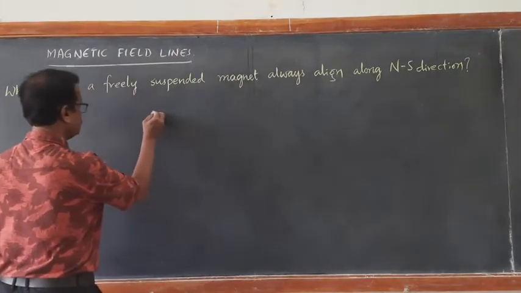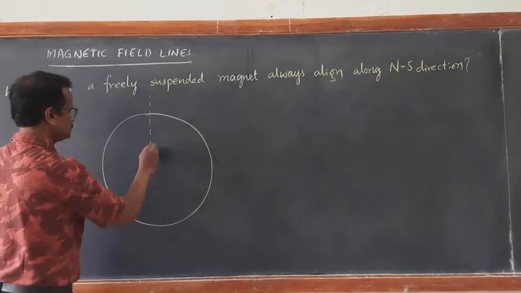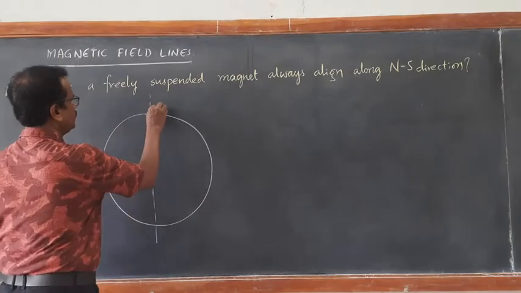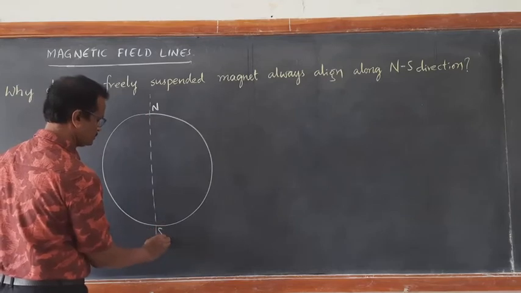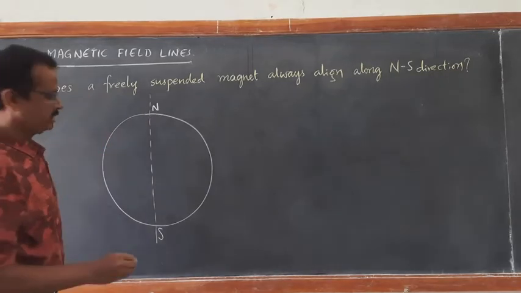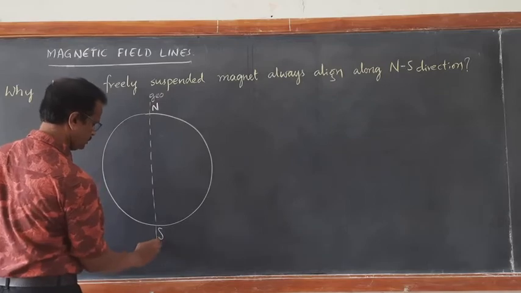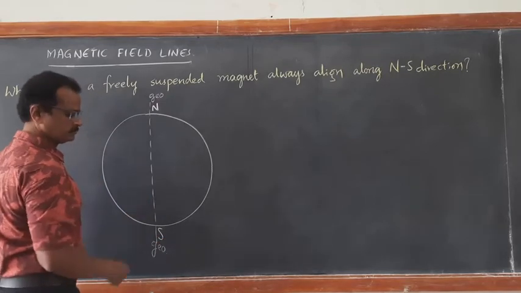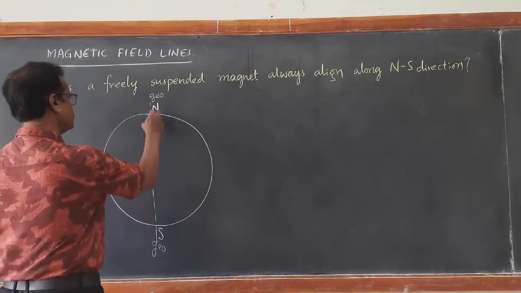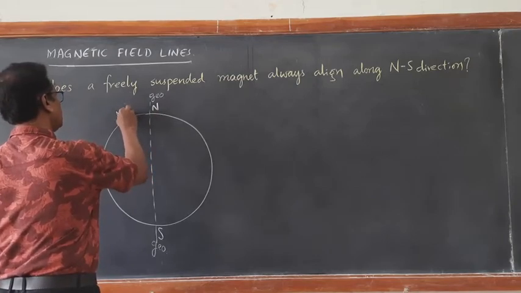So if you draw the earth, this is the axis of rotation about which the earth rotates, and here is the north pole and this is the south pole of the magnet. This is called geographic north and geographic south. Now, near this geographic north, there lies a magnetic south of Earth.